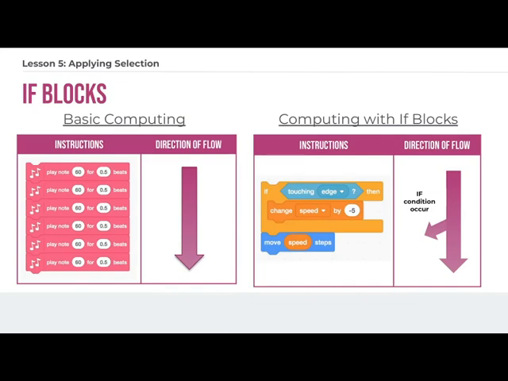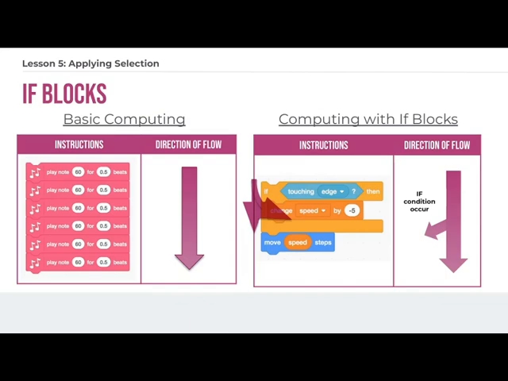All right, the if block, rather than over on the left where we see just a sequence of instructions, represents a choice or a decision. So if some condition occurs, then the flow will branch off instead of just moving from here to here. It's going to branch off to that instruction and execute that instruction.